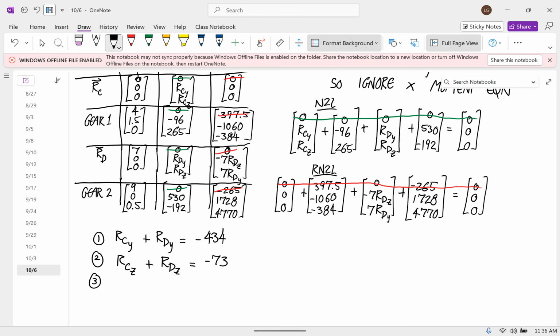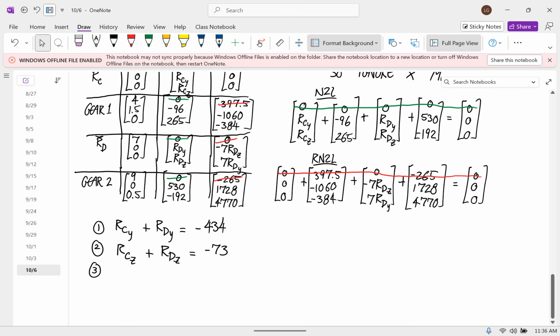Then our third equation says negative 7 RDZ is equal to negative 668.